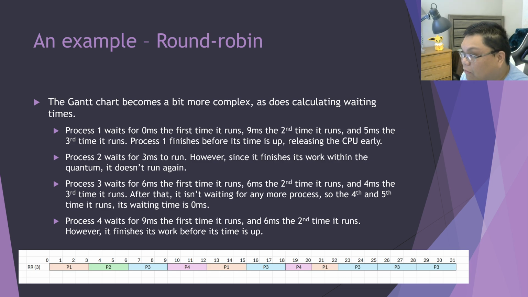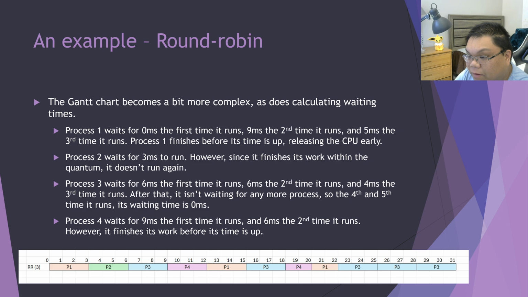So, we have these run in the order they were placed in the queue. So process 1 runs first, but it only runs for 3 milliseconds at a time. Once that time is up, the CPU is preempted, and then process 1 goes to the back of the line. Now it's process 2's turn to run.